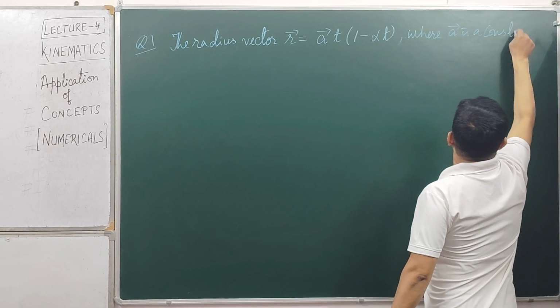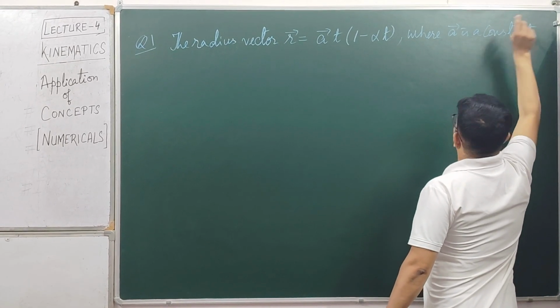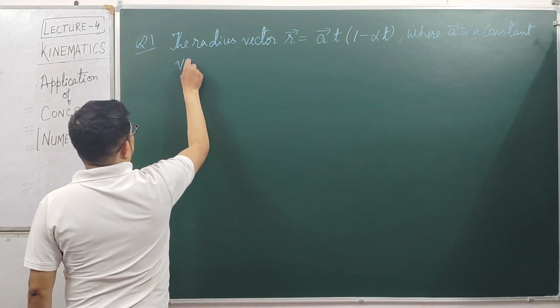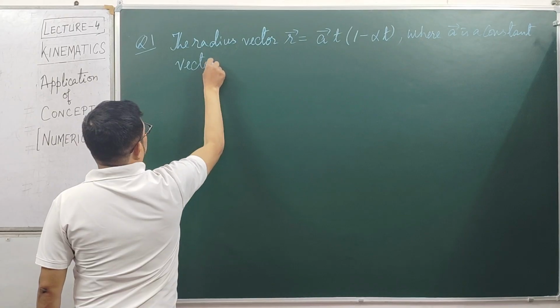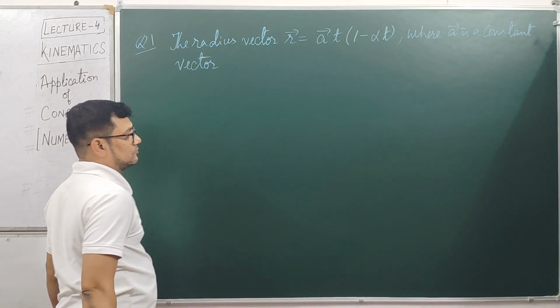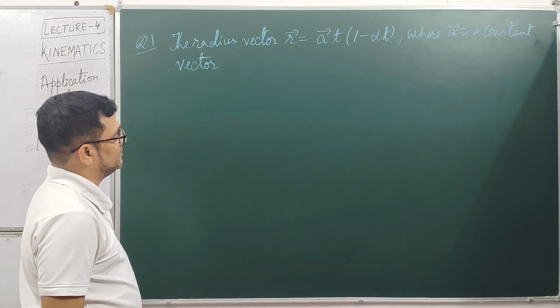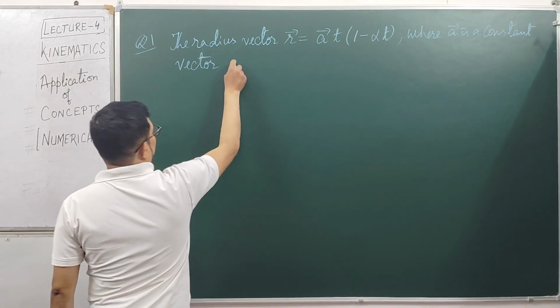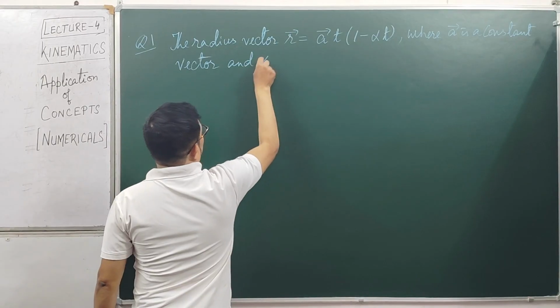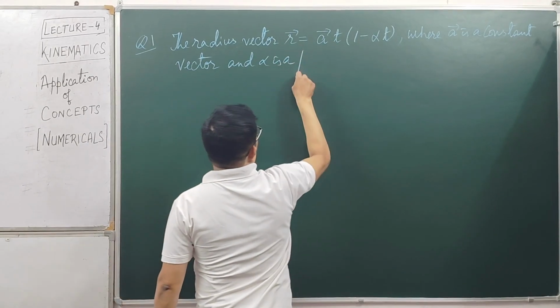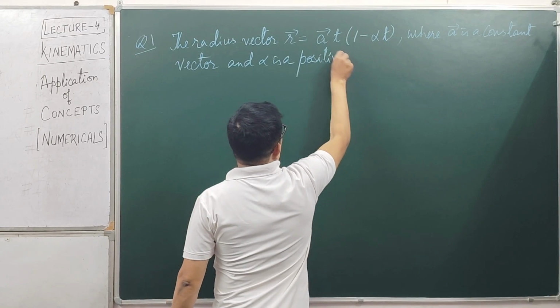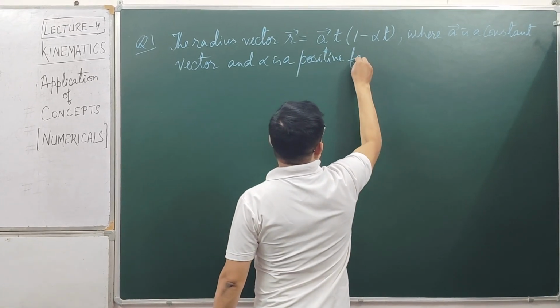A constant vector means that its magnitude does not change and its direction also does not change; it remains constant. So in this equation, a is given as a constant vector and alpha is a positive constant, any positive factor, suppose.